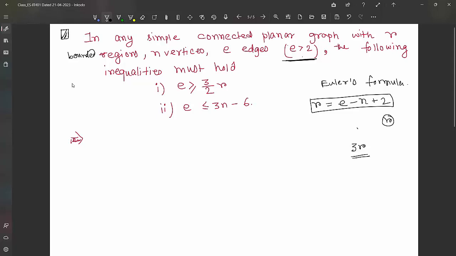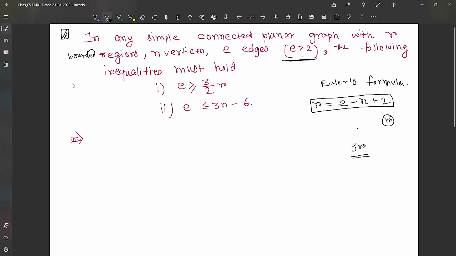So to produce these R regions, is it okay that 3 is the value? There are total R regions. That means to produce one region, we need at least 3 edges. So to produce R regions, minimum you will need 3R total edges.